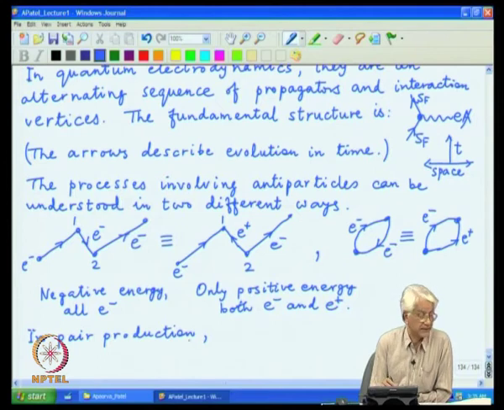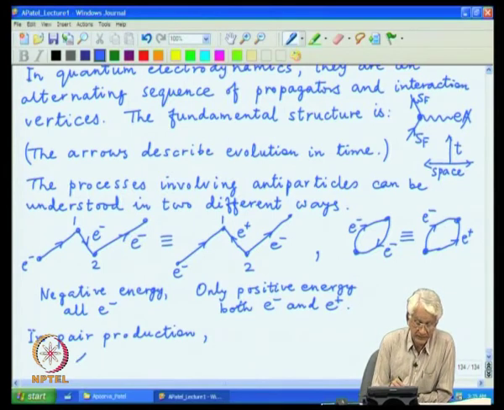The first language is of an electron going around in a closed loop. So, it can be represented as one electron with positive energy in the final state.